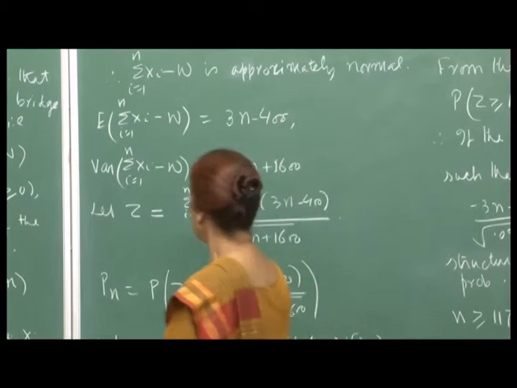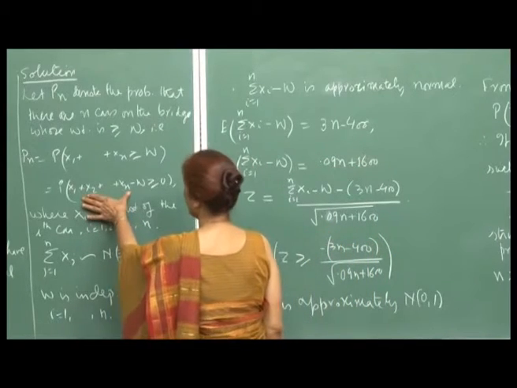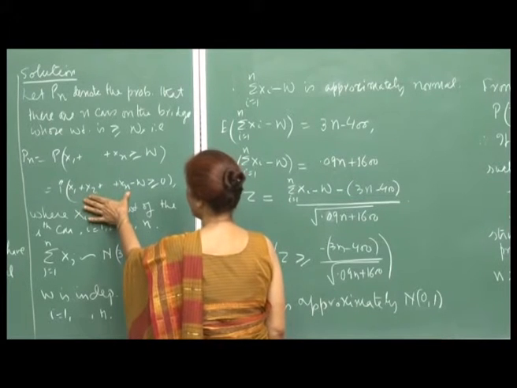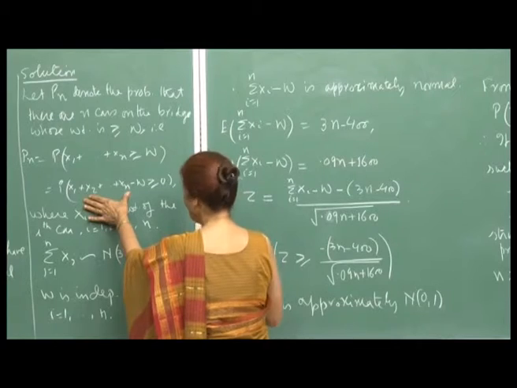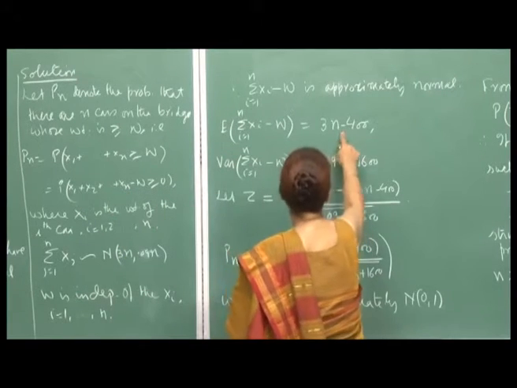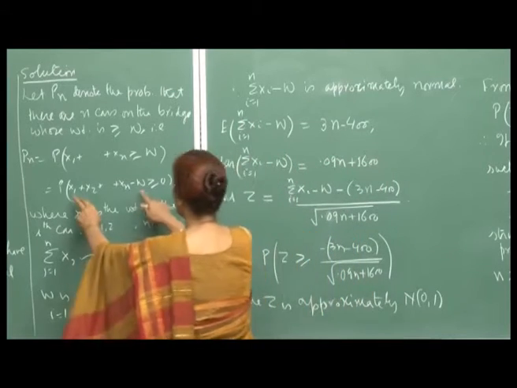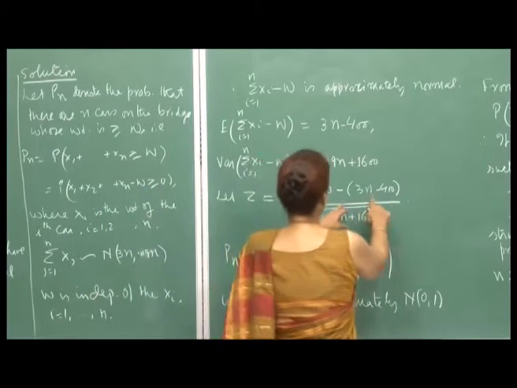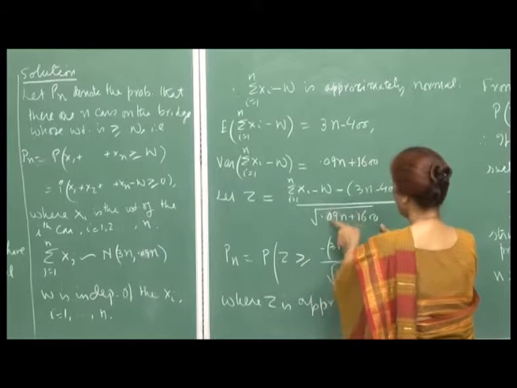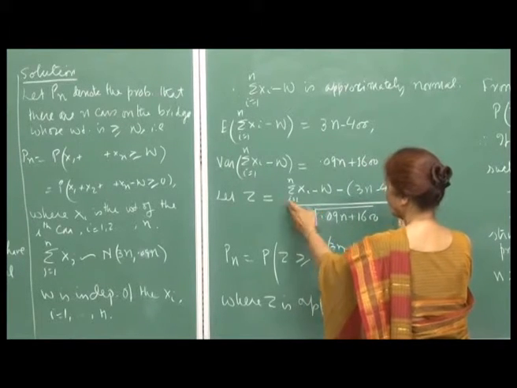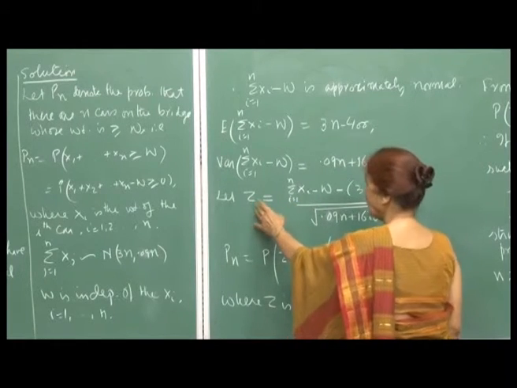So, the whole idea is that this is the variate I am looking at, and it is normally distributed with mean 3 n minus 400 and this variance. So, when I standardize, I take this minus the mean divided by the standard deviation. So, that is standardized, and now z is a standard normal variate.